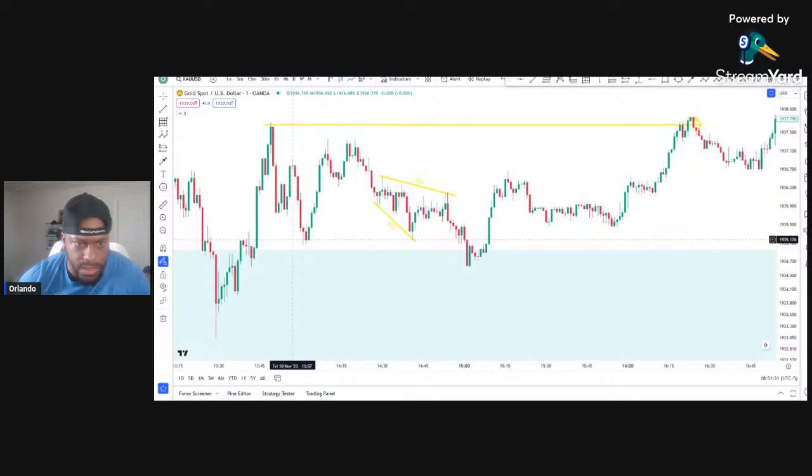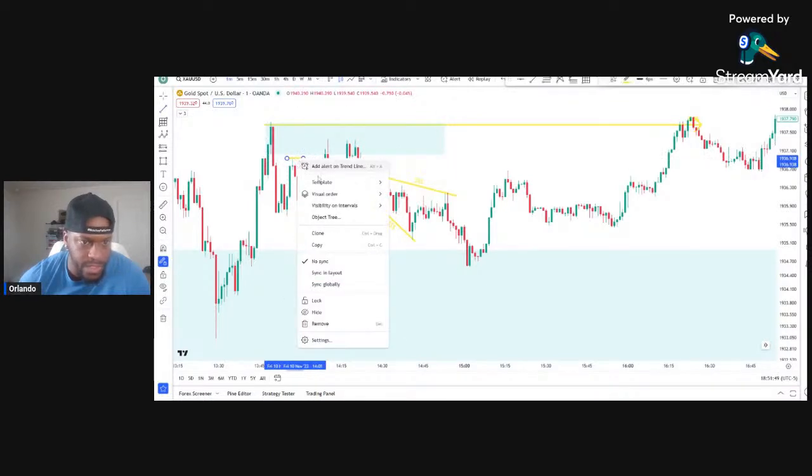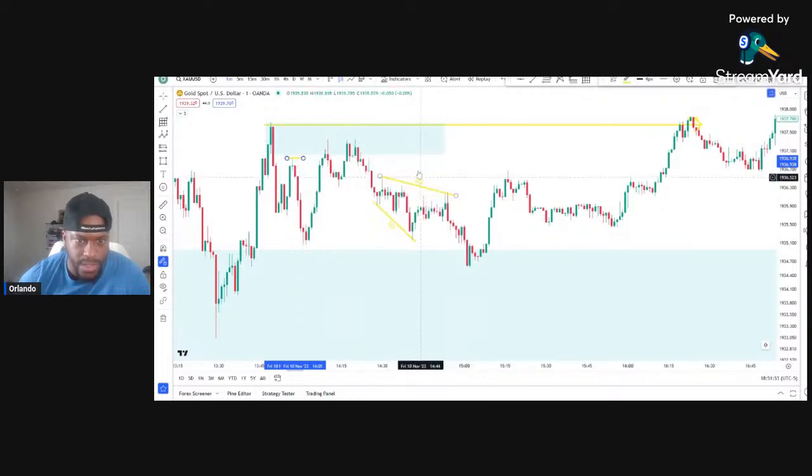This is a distribution. You can see how price tapped into the supply zone right here. Told you the market is super fractal. You can see price step into the supply zone right here, using this point right here as liquidity. So this area was a 1 minute liquidity above.